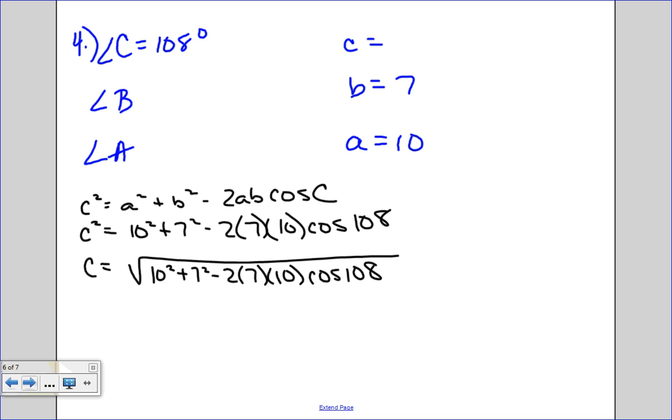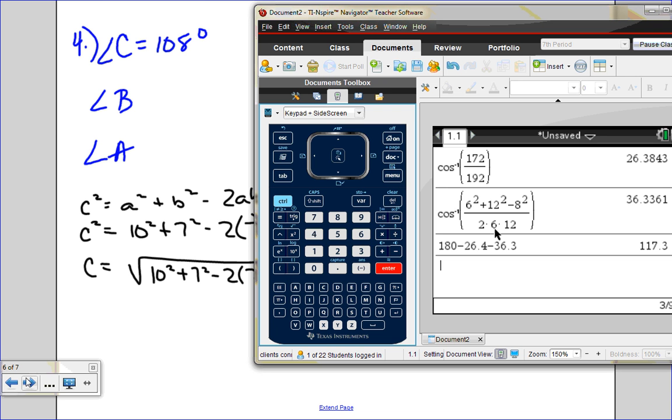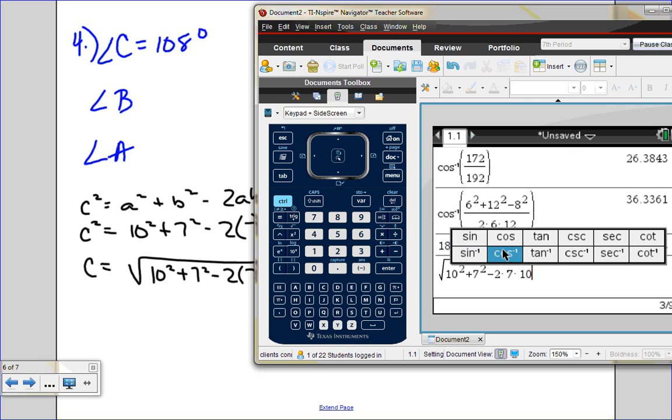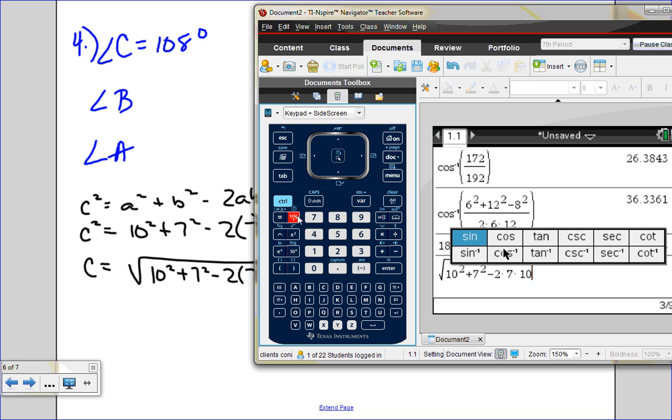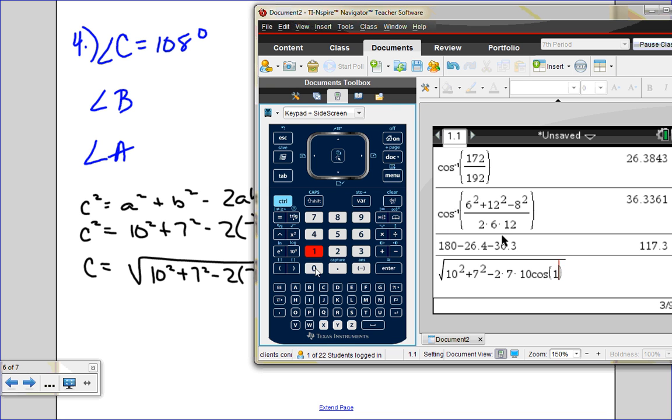Okay. So now go ahead and just plug that into your calculator. I have the square root of 10 squared plus 7 squared minus 2 times 7 times 10 times the cosine of 108.